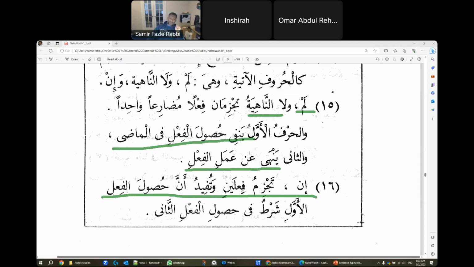In تجزم فعلين وتفيد أن حصول الفعل الأول شرط في حصول الفعل الثاني. So in causes this jazm state for two verbs. It puts a condition for doing the first verb, and then the second verb results from it.